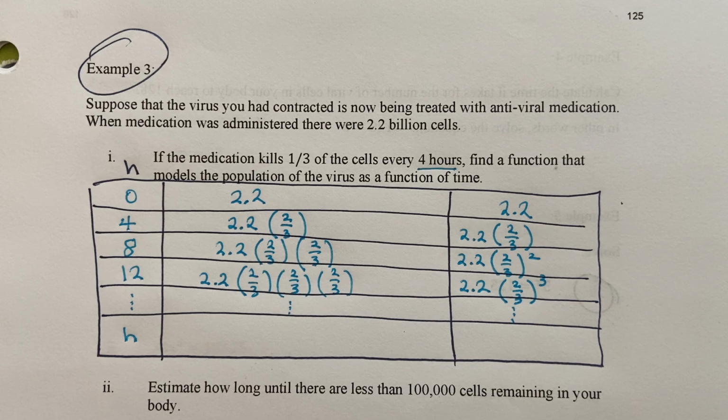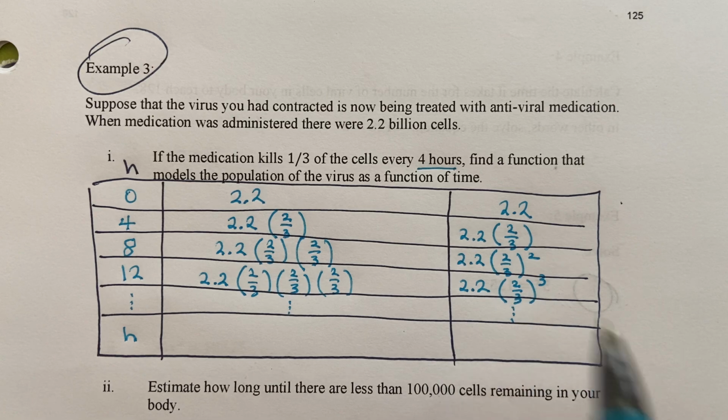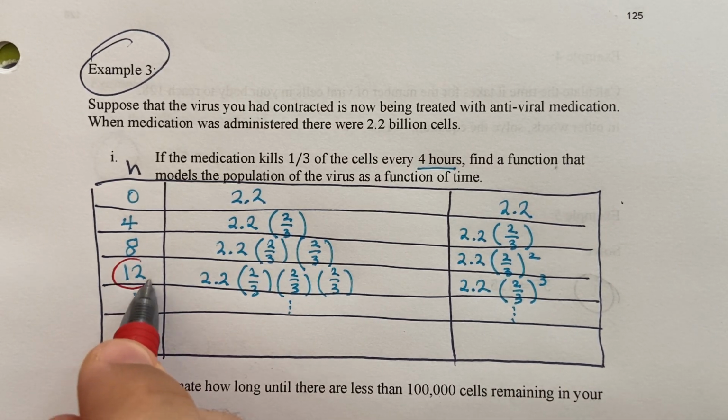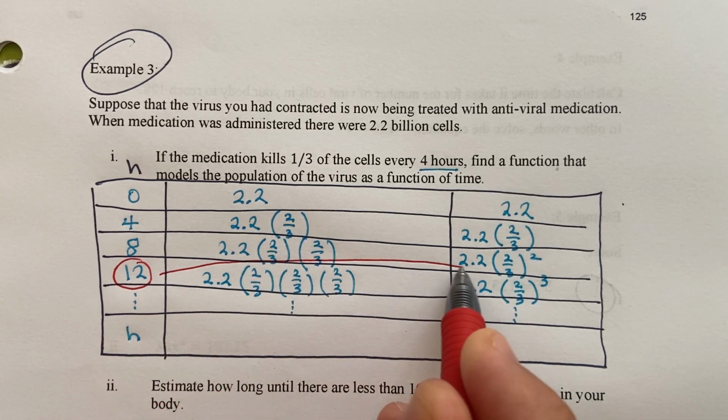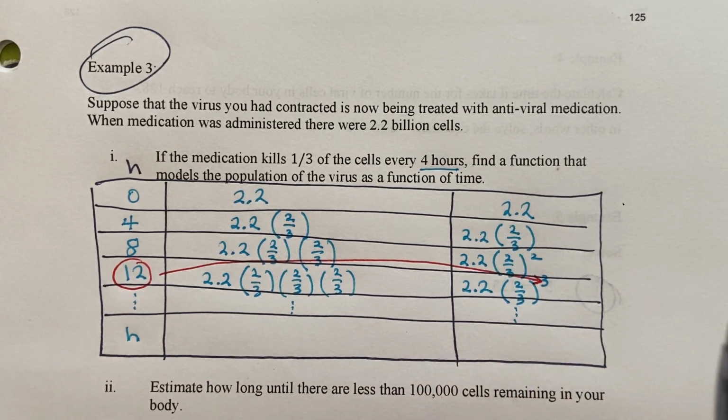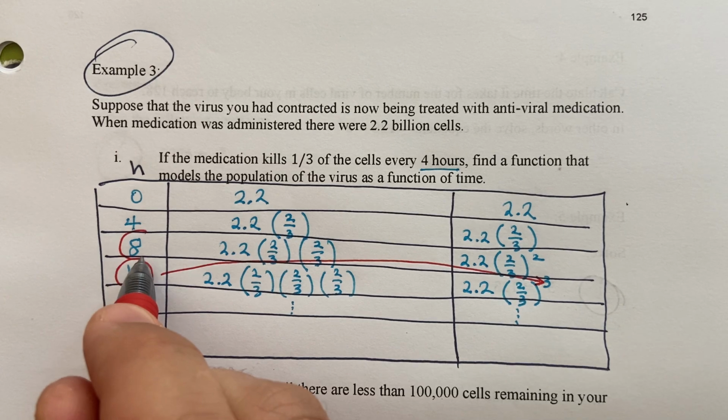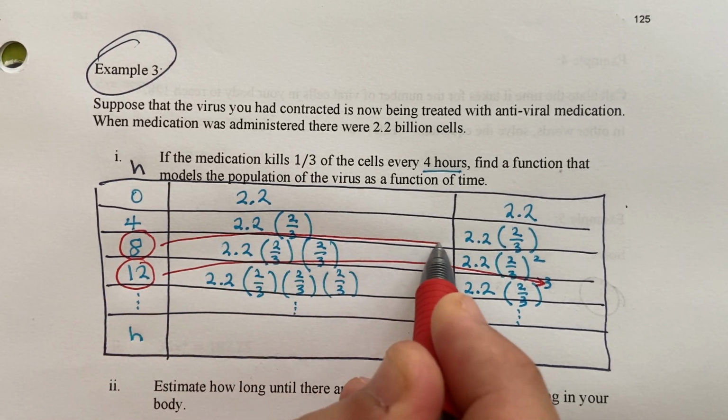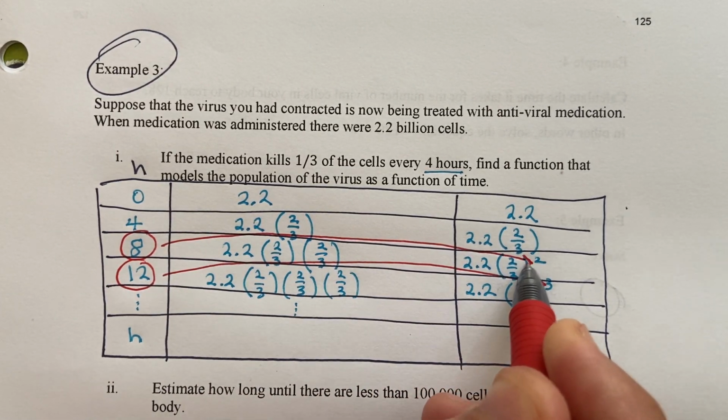So for h number of hours, it looks like, just to try to identify a pattern, when I had a 12 here, I have a 3 there. When I had an 8 here, I have a 2 there.